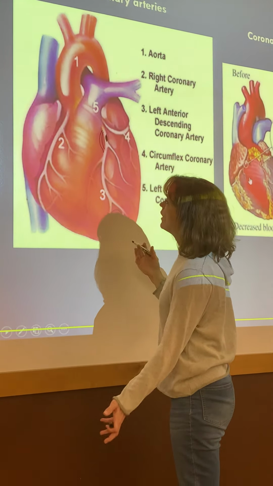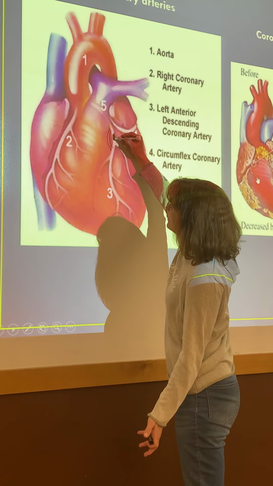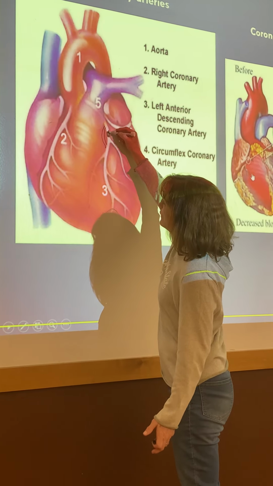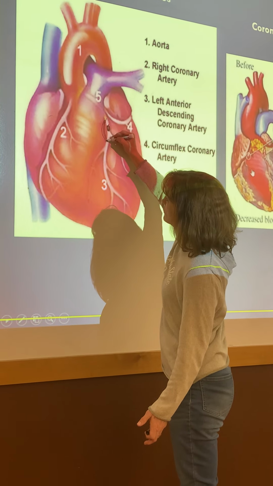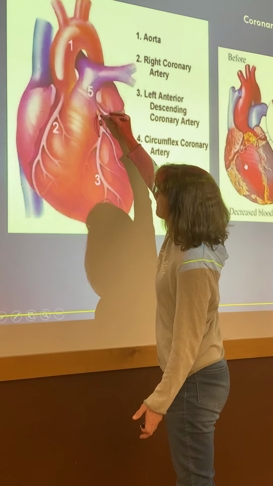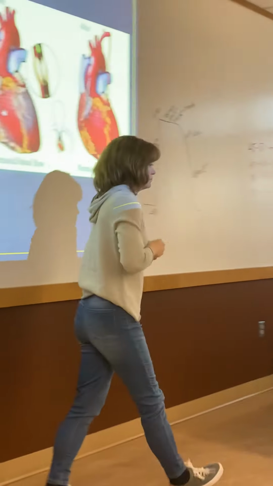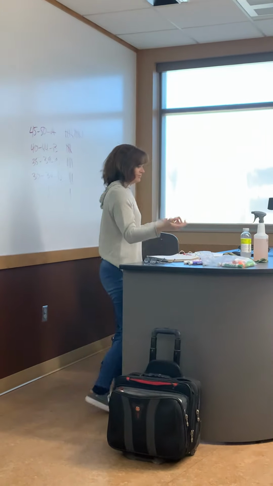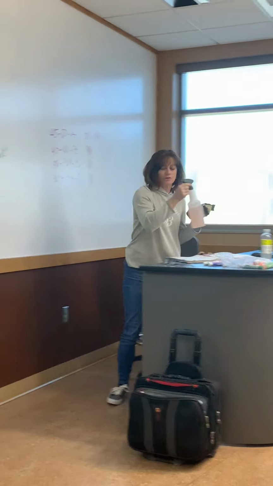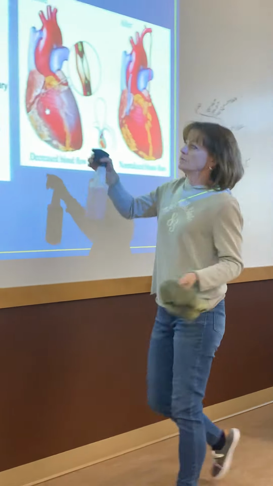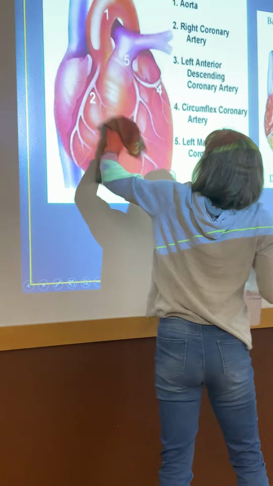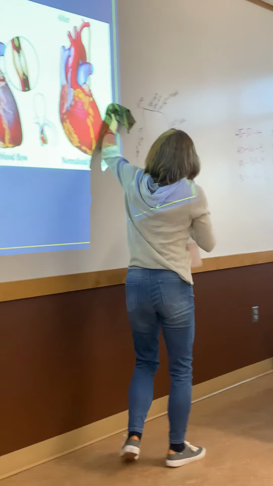And it does it all the time. This may ultimately close, eventually, but as long as the heart has reconnected downstream, you're okay. Not that you're healthy, because you're going to make other blockages. The heart does this all the time. Angiogenesis, the ability to grow new vessels.